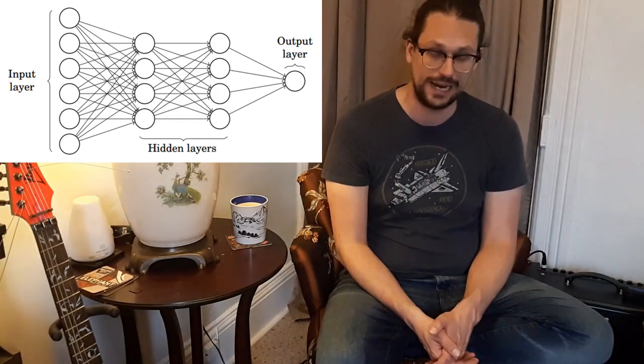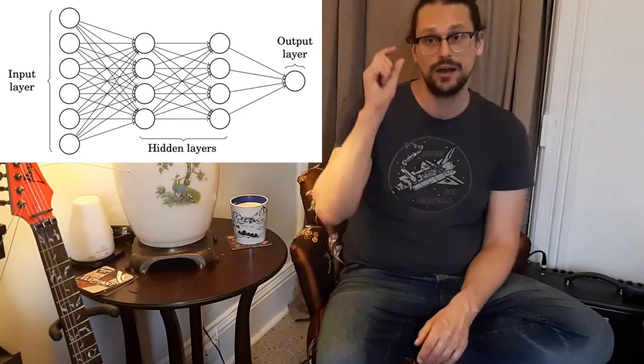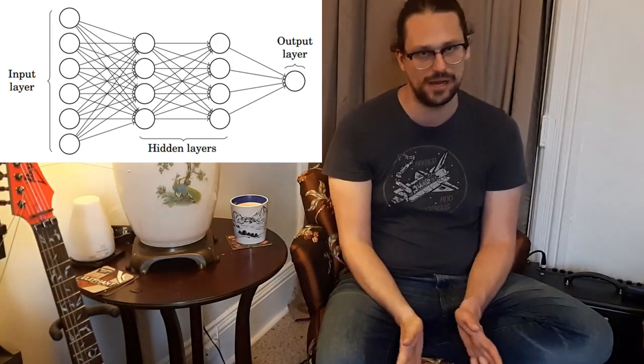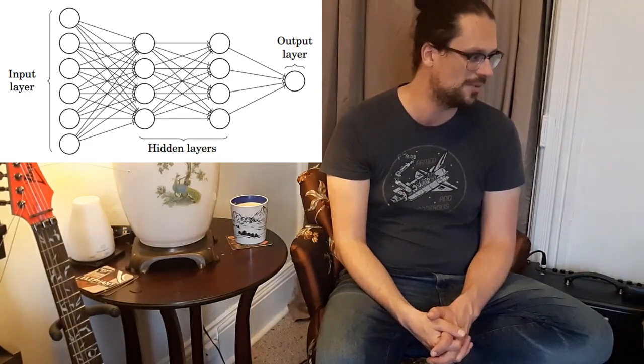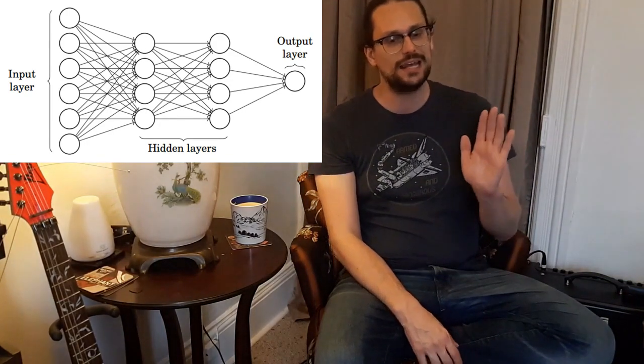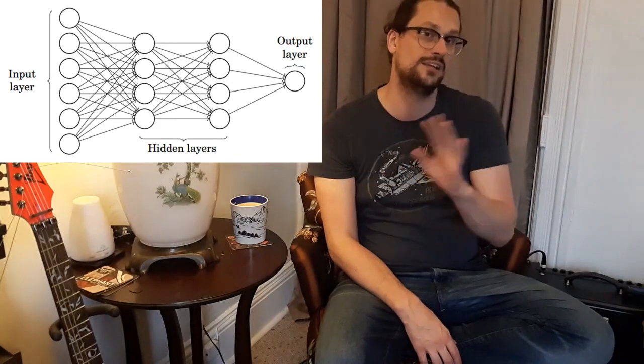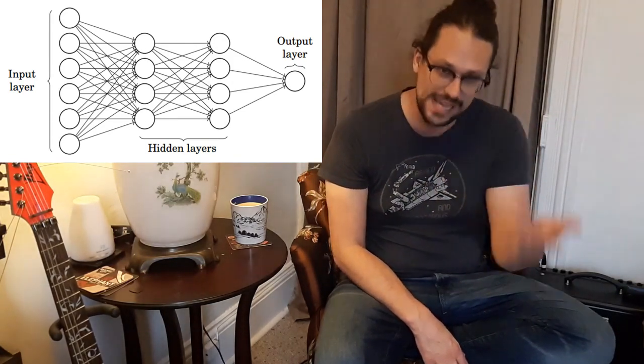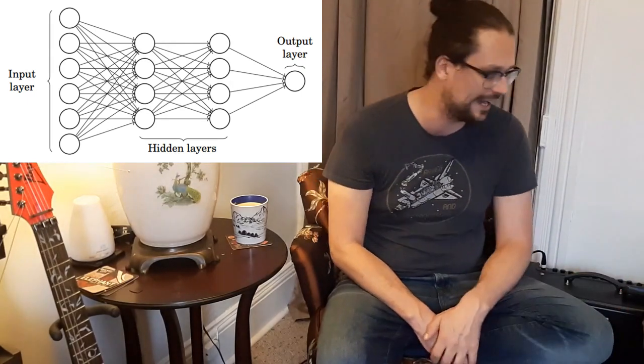We have an input layer, and the units in the input layer encode the information coming into the network, and we'll talk about the format of that information in a moment. And the units in that layer are connected to the units in the hidden layers. And the units in the hidden layers are in turn connected to the output units and the output layers.